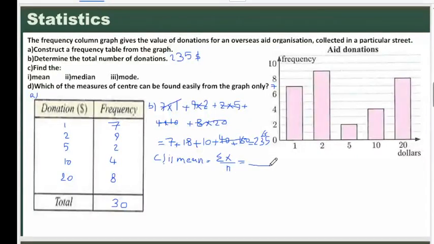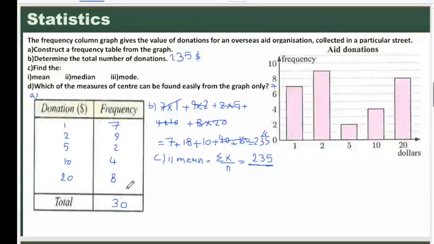The sum of all the data values I found here. So 7 times I get 1, 9 times I get 2, 2 times I get 5, 4 times I get $10, and 8 times I get 20, that I calculated for part B. So I write 235.